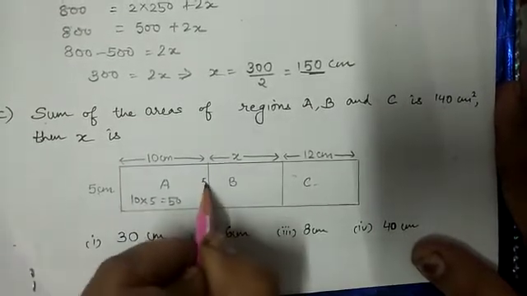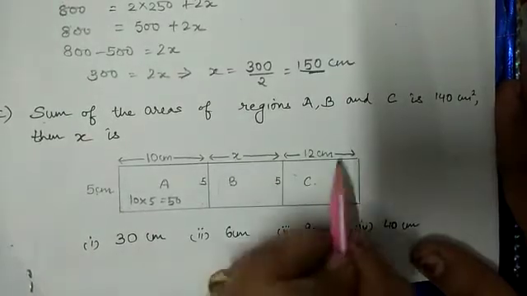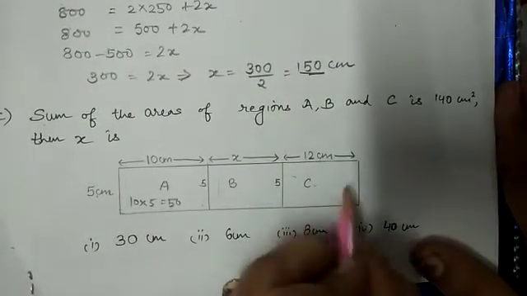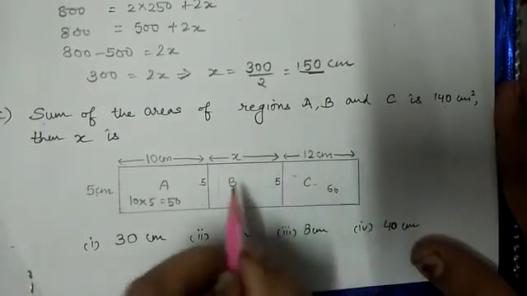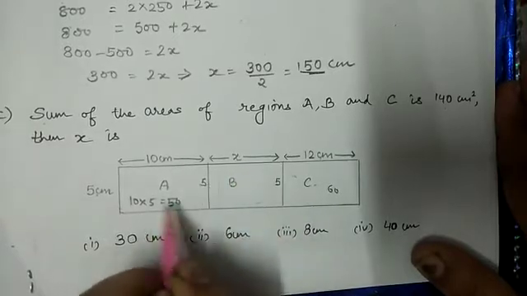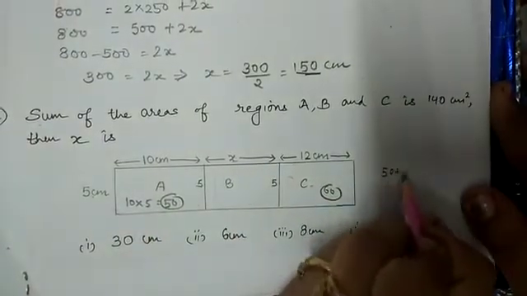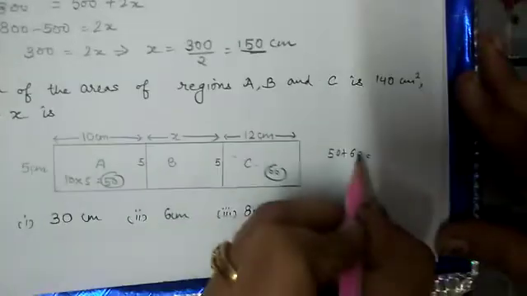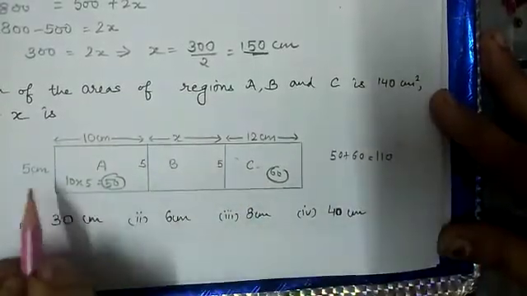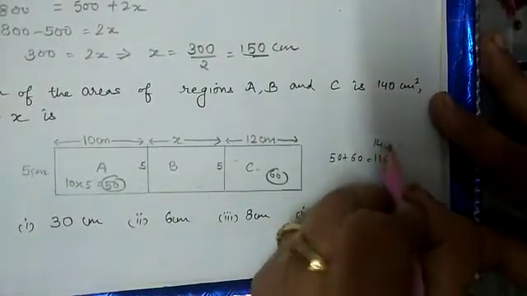This length is 5, so all these will be 5. In figure C, 12 5s are 60. Now this is not given to us. 50 and 60, these two make 110. Total area is 140.